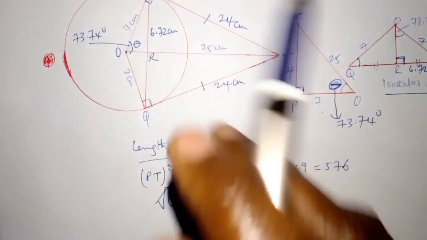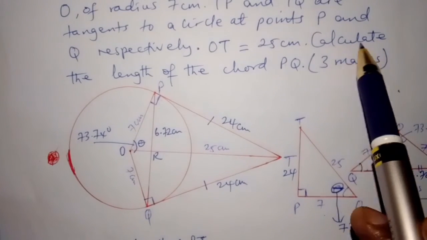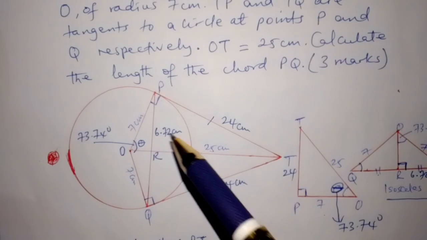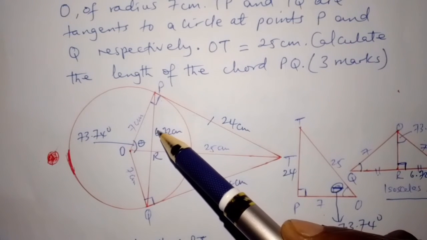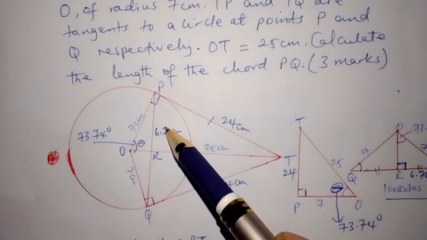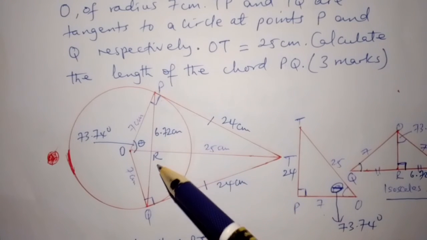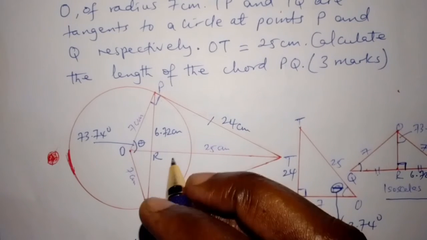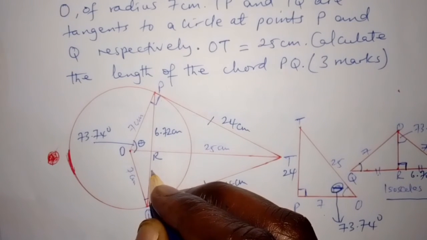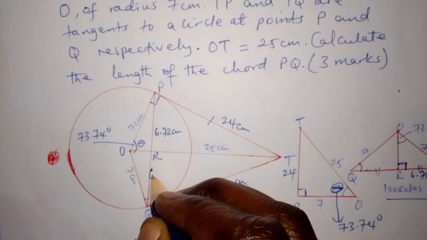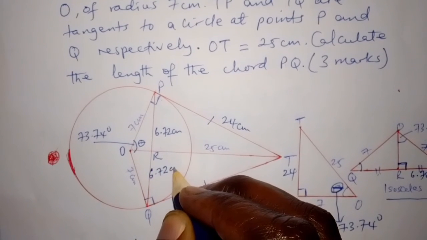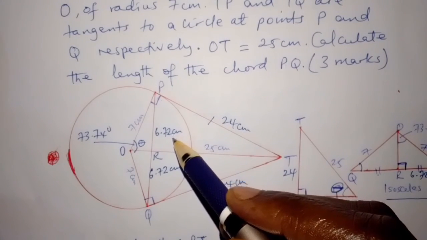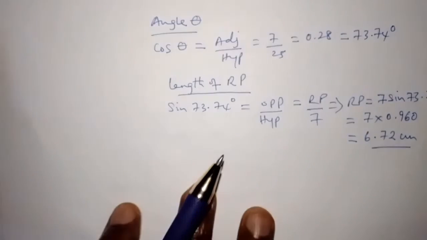Now how can we find the length of chord PQ? Calculate the length of the chord PQ. PQ is 2 times PR. So it means that QR also is 6.72 centimeters. So PQ will be 6.72 times 2.